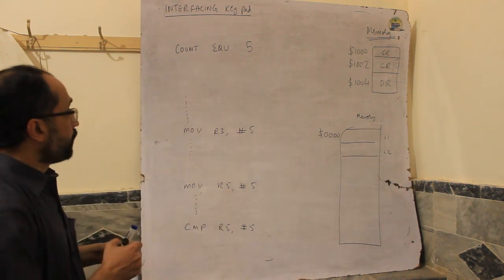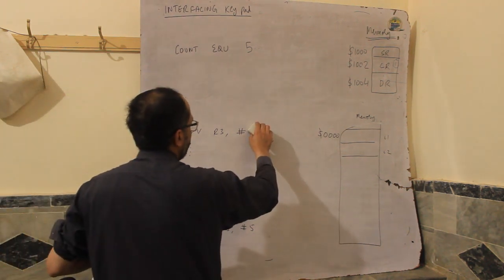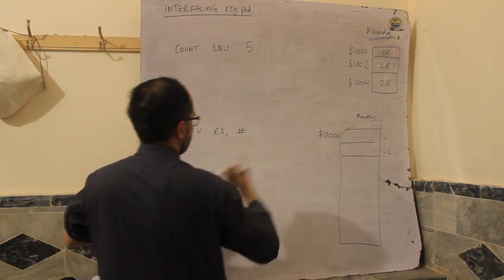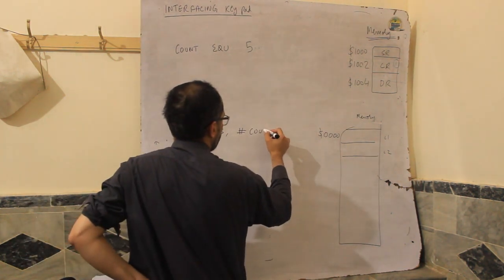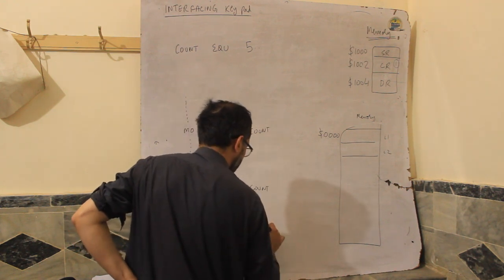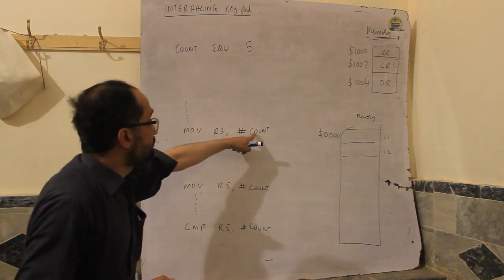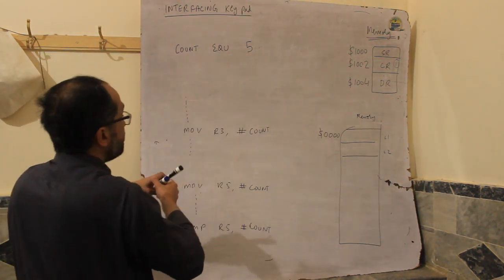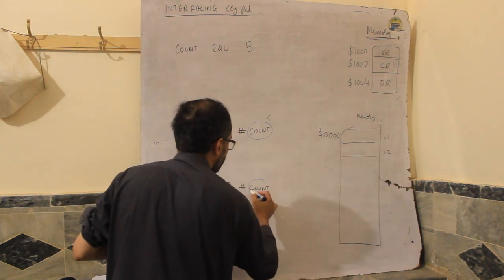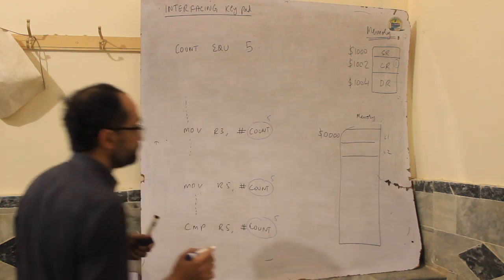It means that if we have count in these assembly language instructions, this count will be replaced with the value of 5.